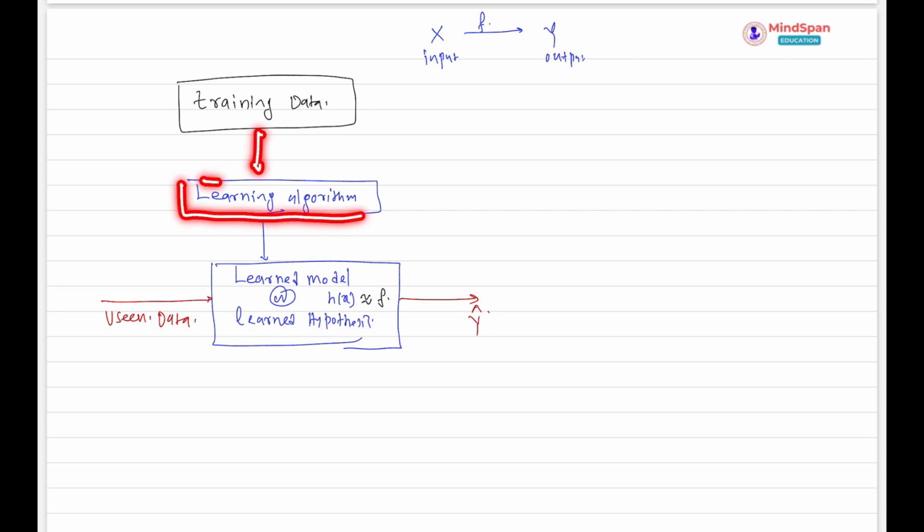Our learning algorithm uses this training data and produces a learned model. This learned model approximates the ideal model or the target function. So what is this target function? You can think of it as an ideal function that we want to achieve.